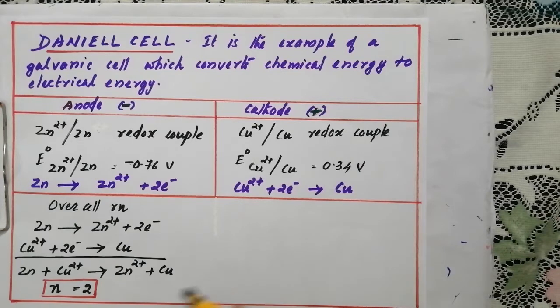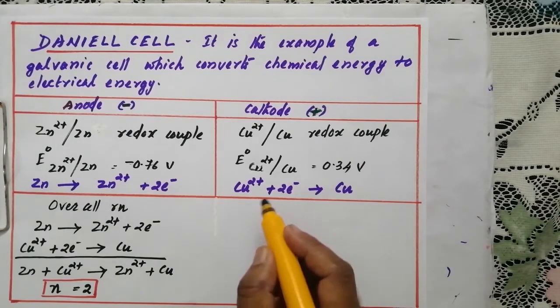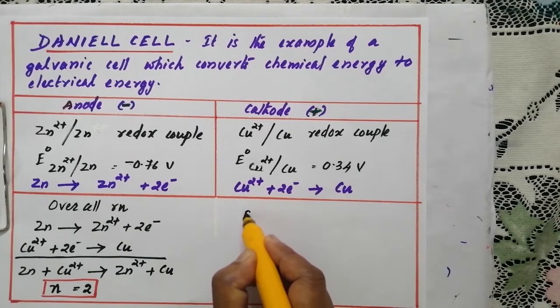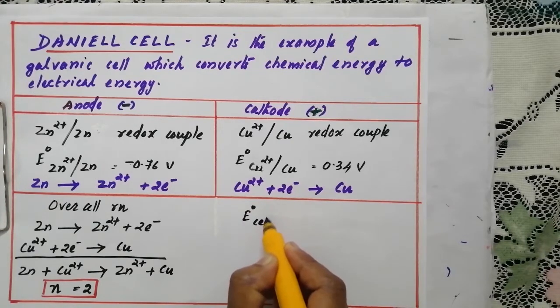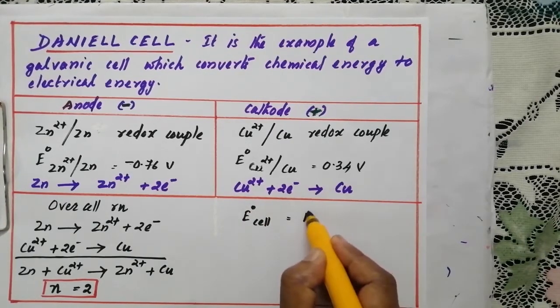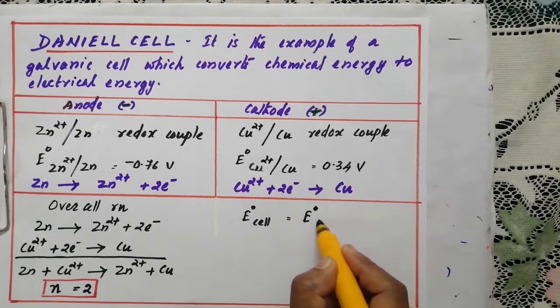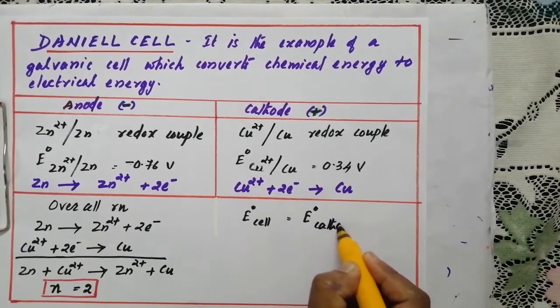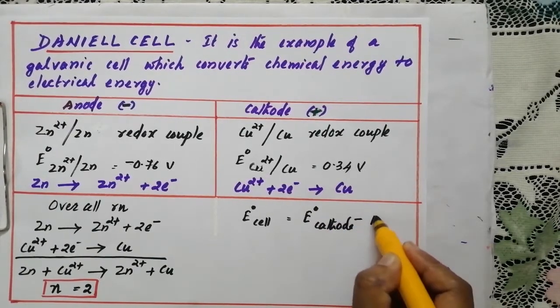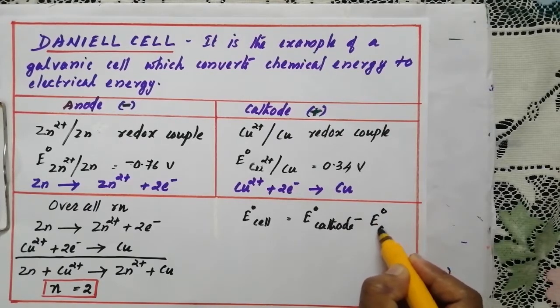And I am going to calculate the E0 cell. E0 cell is equal to E0 cathode minus E0 anode.